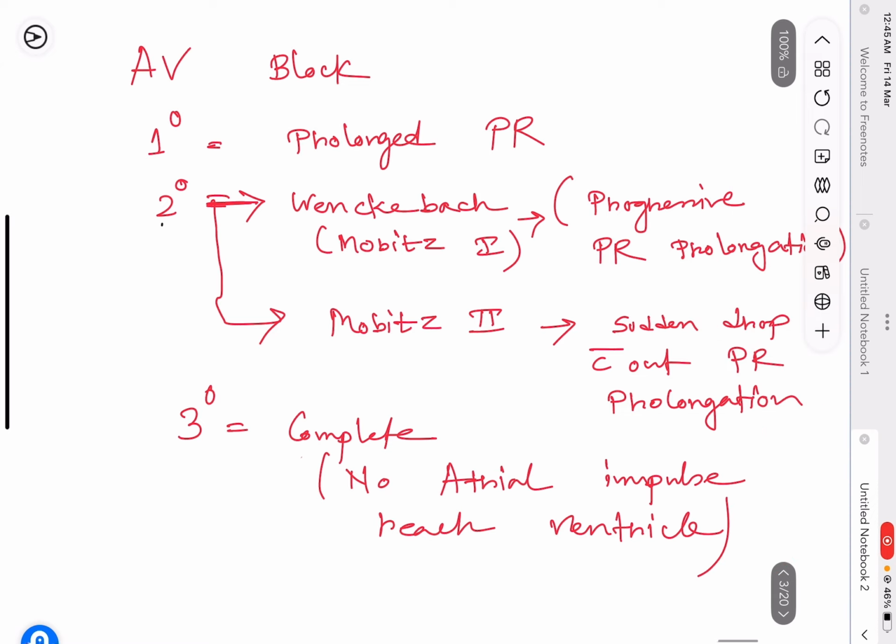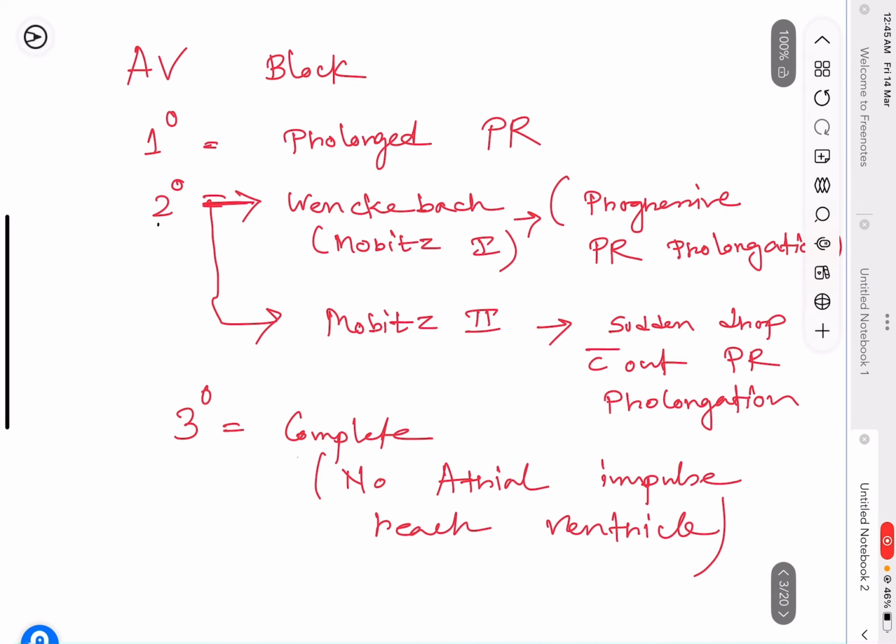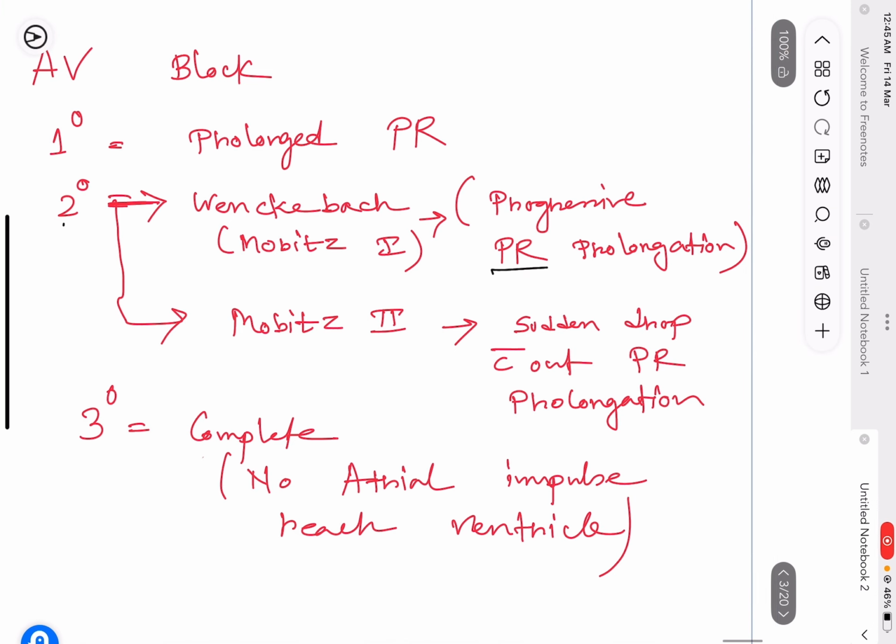Second degree AV block is called Mobitz, which is of two types, 1 and 2. In type 1, the PR interval is progressively prolonged, and then there is a drop of the QRS complex.